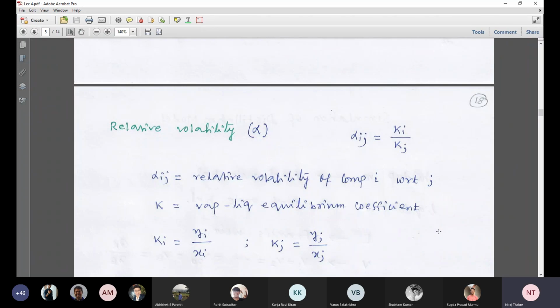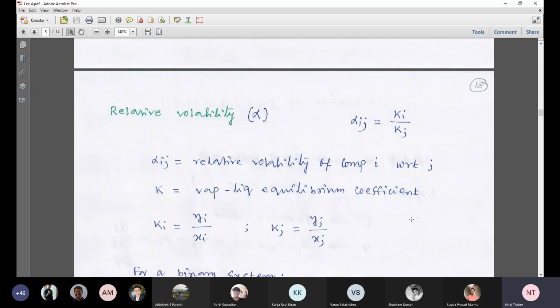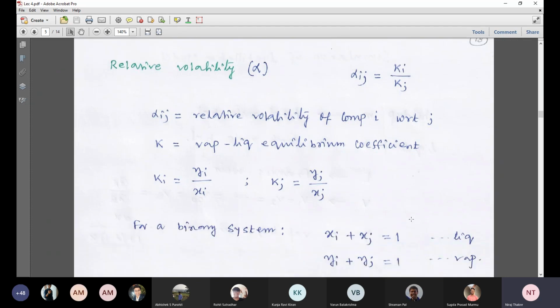Now Ki and Kj are represented by these equations, which are quite simple. You see, the vapor phase mole fraction Yi and the liquid phase mole fraction Xi. So Yi by Xi is Ki, and Kj is similarly Yj by Xj. Y is the vapor phase mole fraction and X is the liquid phase mole fraction.